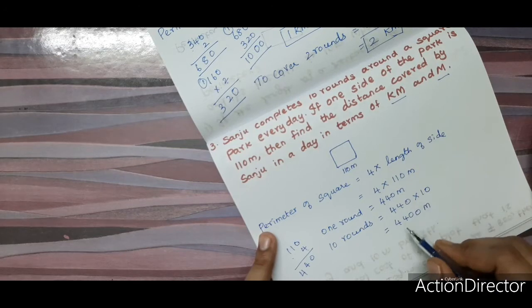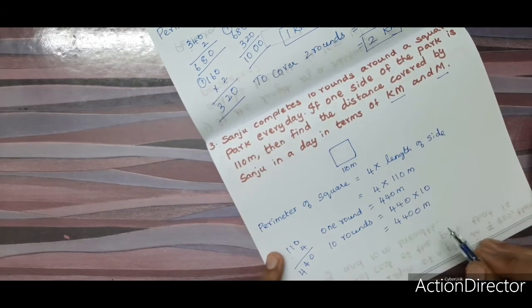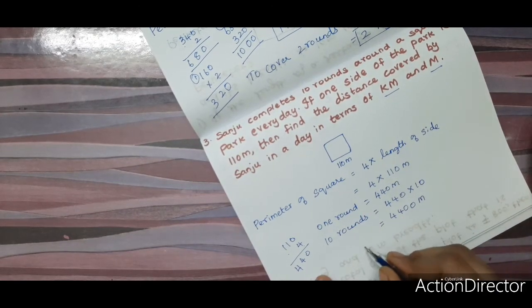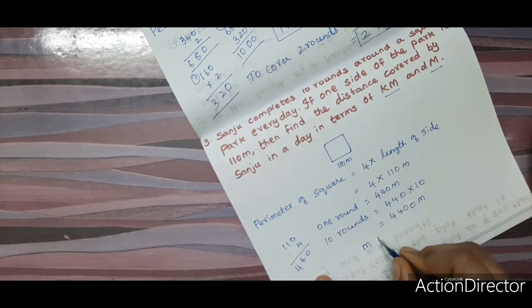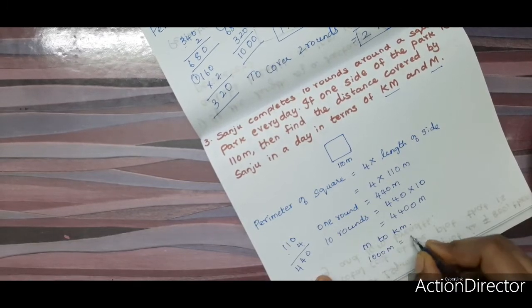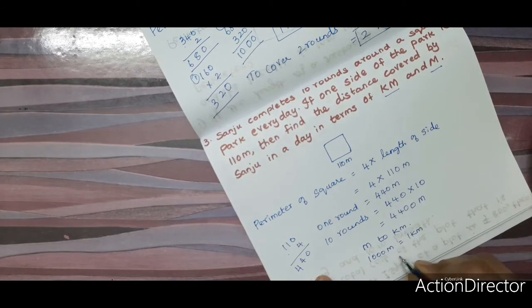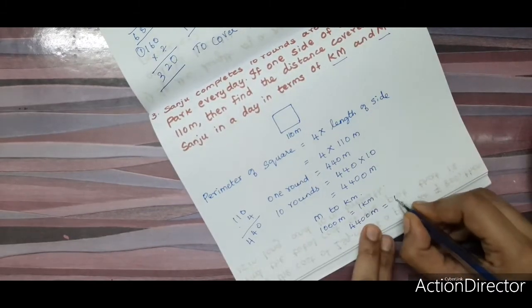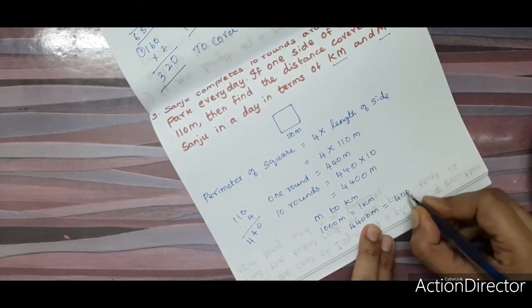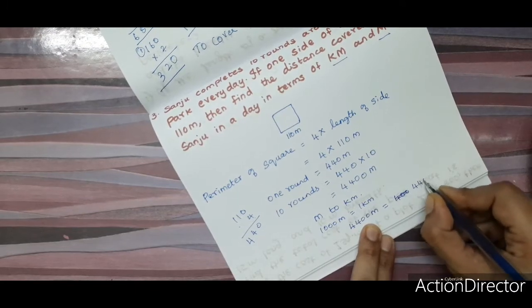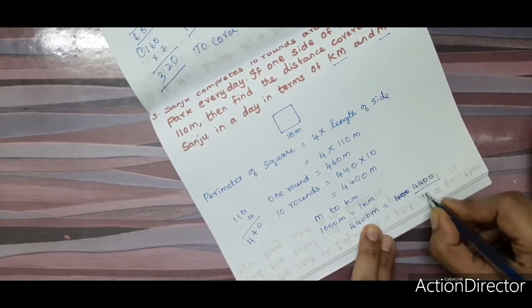Now we are going to convert this to kilometer. So how will we convert meter to kilometer? You know 1000 meter is equal to 1 kilometer. Here 4400 meter is equal to 4400 divided by 1000.